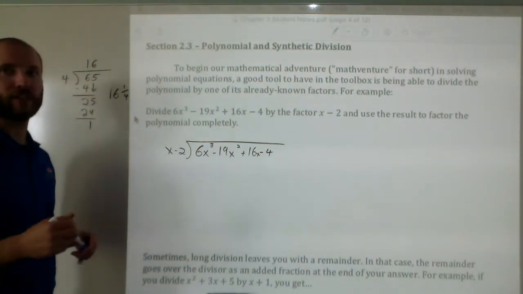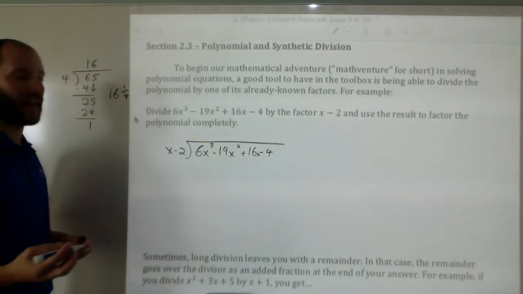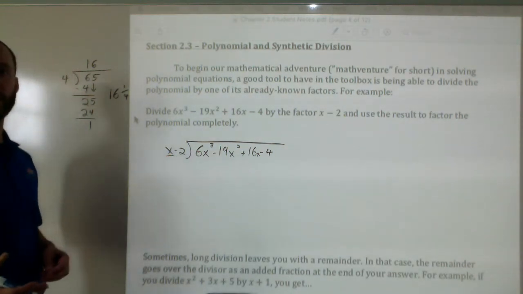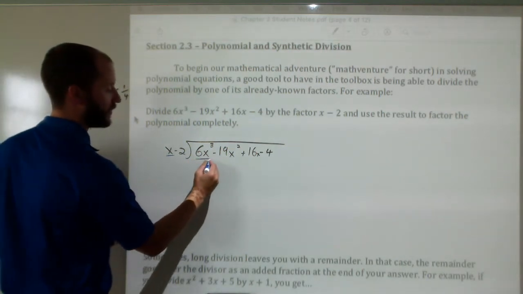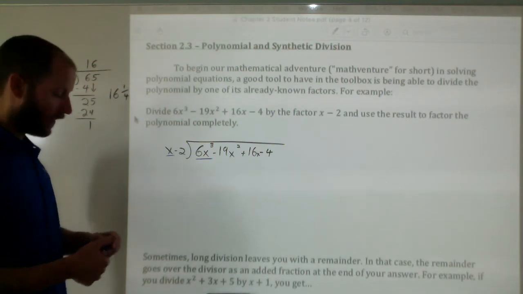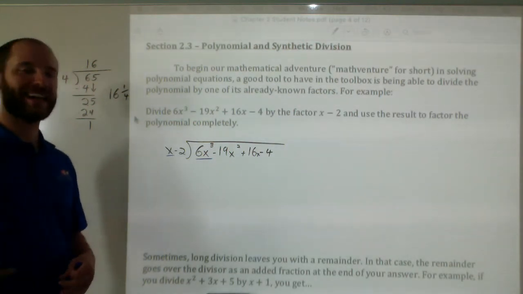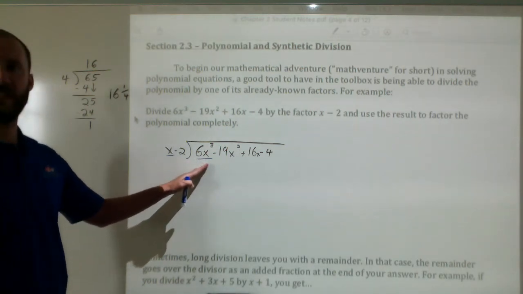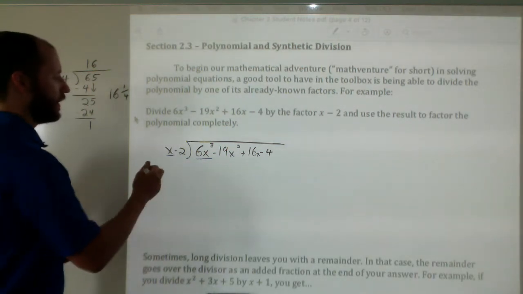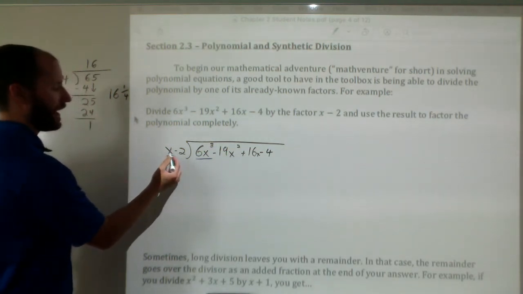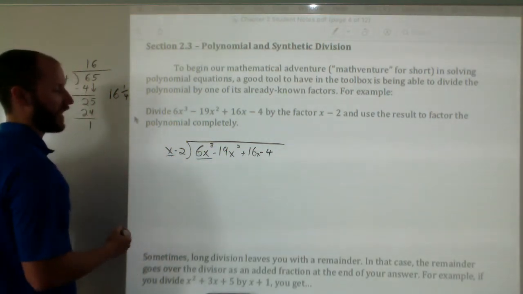We'll start by looking at our leading terms inside and outside. We have this x, that's our leading term on the outside. We have this 6x cubed, that's our leading term on the inside. So how many times does x fit into 6x cubed? x times what would give us 6x cubed?